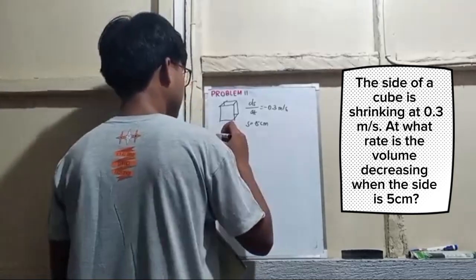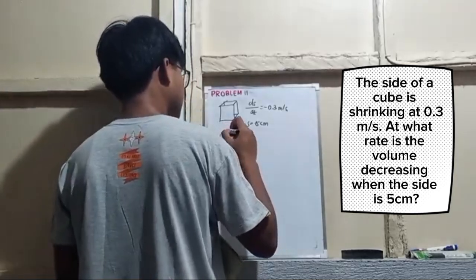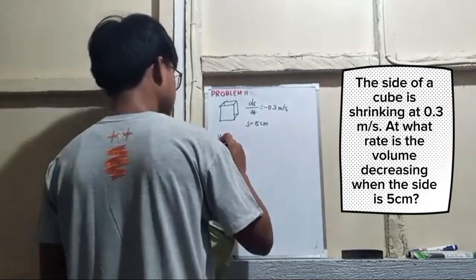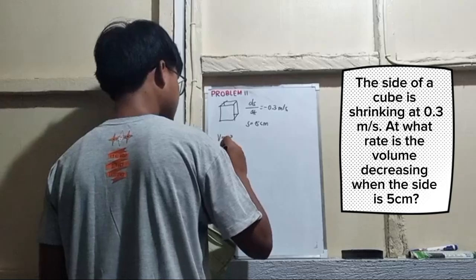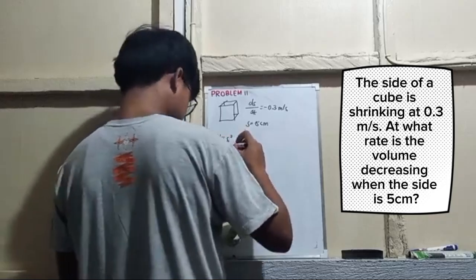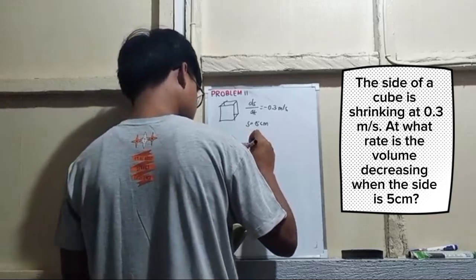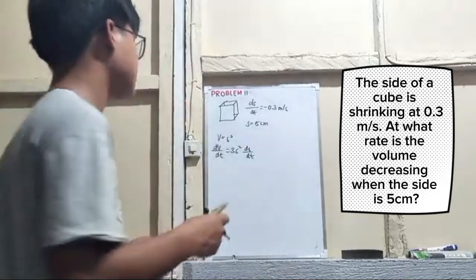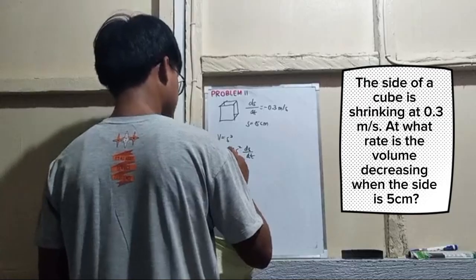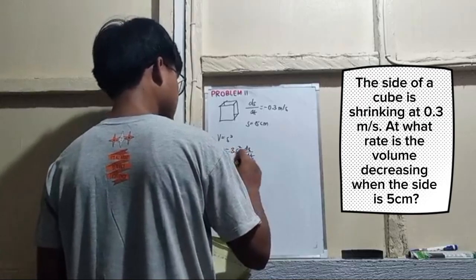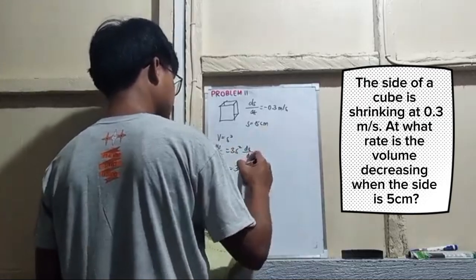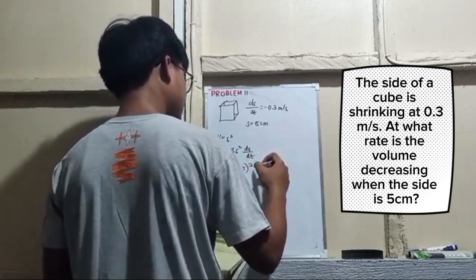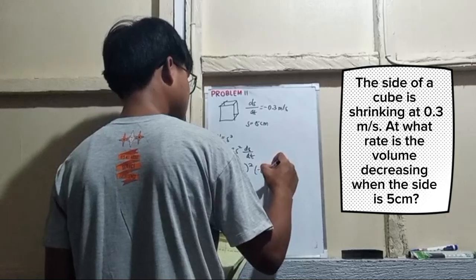So we all know that the formula for the volume of a cube is equal to s cubed. Then we'll differentiate. So dV over dt equals 3s squared ds over dt. Now, we'll substitute the given into the formula. So, dV over dt, we have 3, then substitute the 5 as s. Then our ds over dt is equal to negative 0.3.